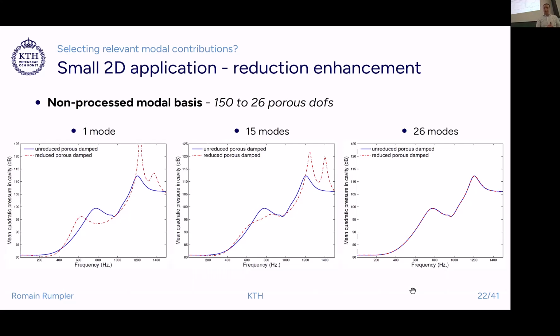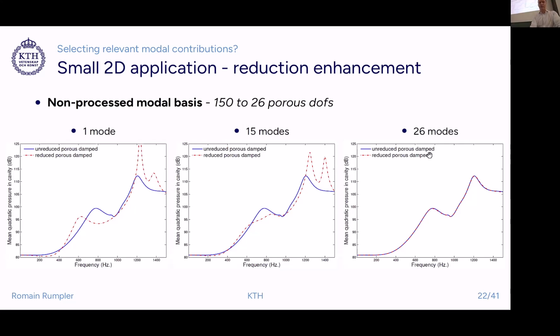What happens if we have a look now at how this selection works when we use this 2D case, which, by the way, would converge after 26 modes for the poroelastic layer in the selection. So you reduce initially 150 degrees of freedom for the poroelastic layer to 26 modal coordinates.